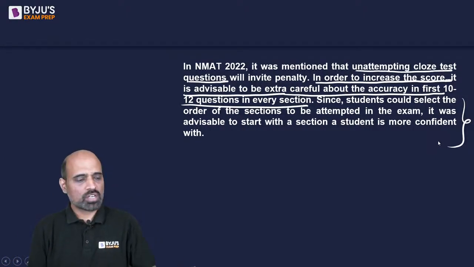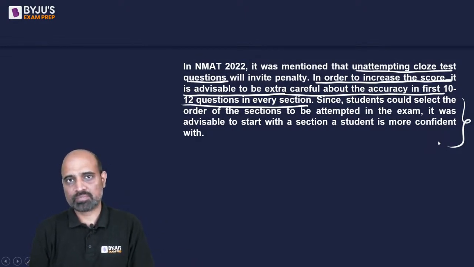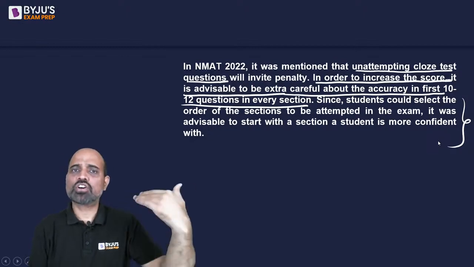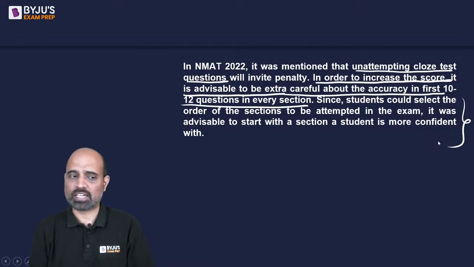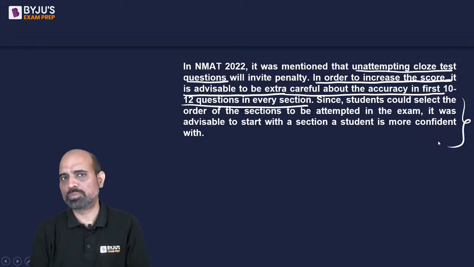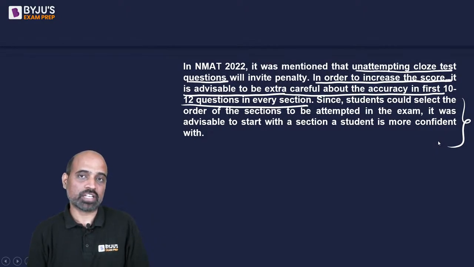Understand it like this. Suppose you are writing an exam pan India where only 100 people are writing that exam. Okay? And there are, let's say, 20 seats. So your chance of converting is that out of 100 students, 20 will be selected, right? The moment instead of 100 people, 10,000 people write the exam, your fight becomes tougher, right?